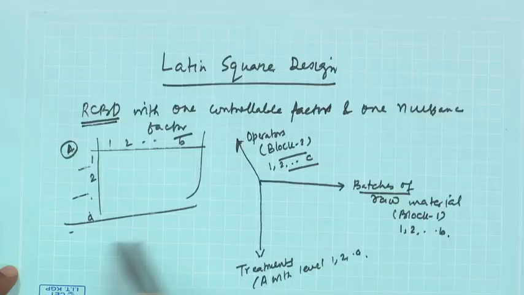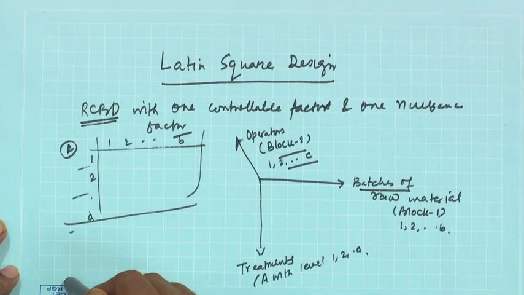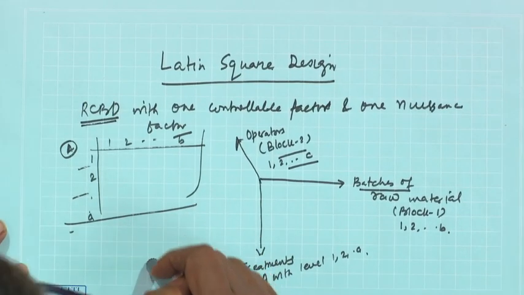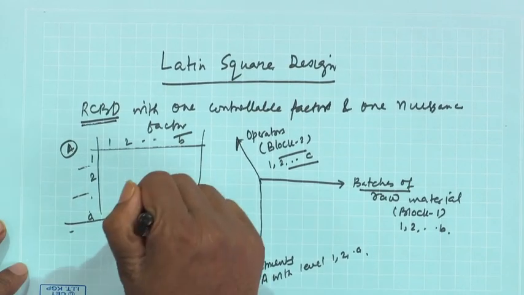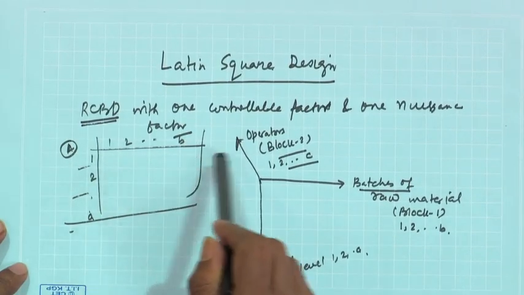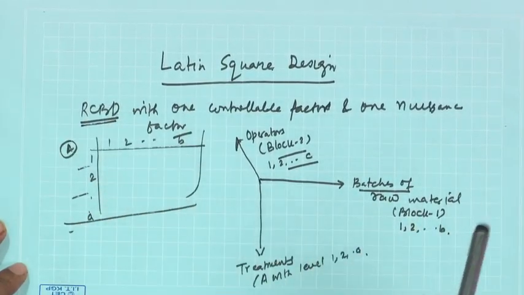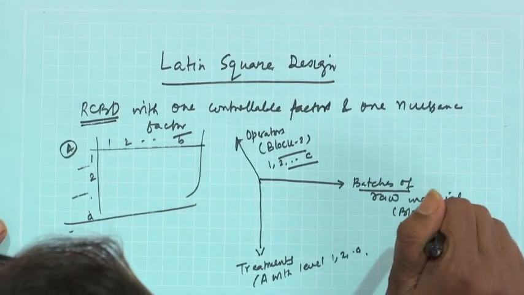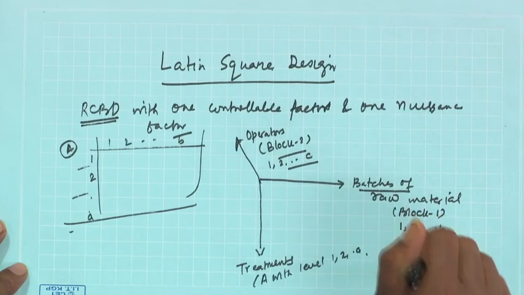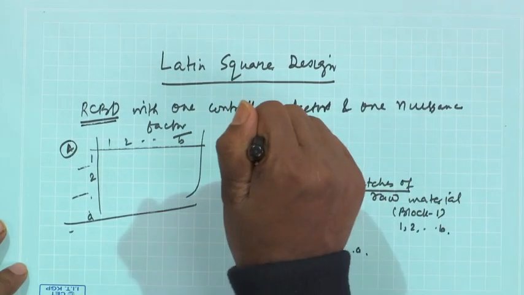So, instead of this, suppose you create a special kind of design in such a manner that if you have A number of treatments, you choose A number of blocks for blocking variables block 1 and block 2.